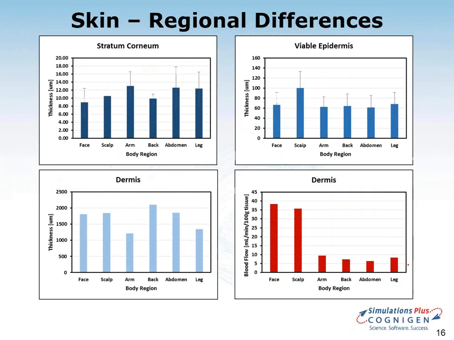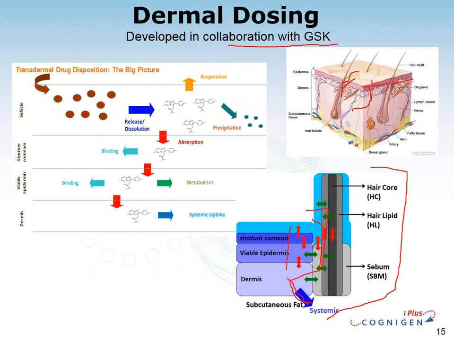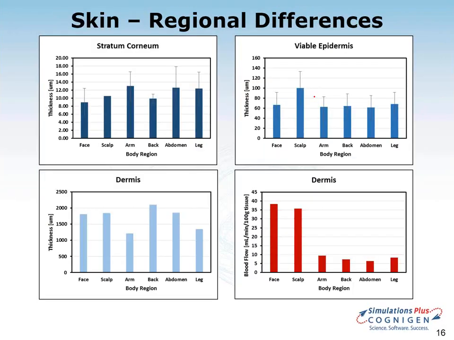When it comes to the dermal model, there are a few complications that we need to account for, one of them being large regional differences in the skin structure. And some of these would include the differences in the thicknesses of these individual layers. So it will change depending on whether you are applying your drug on face, arm, leg, back. So all of these need to be accounted for. And the other aspect is also the blood flow.